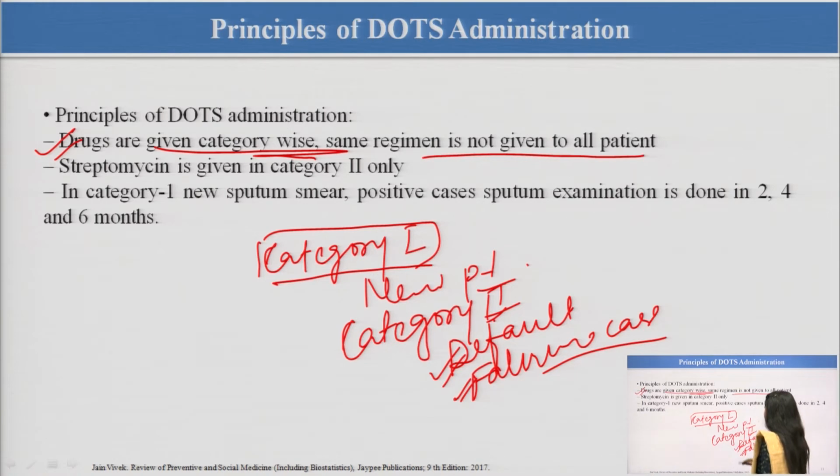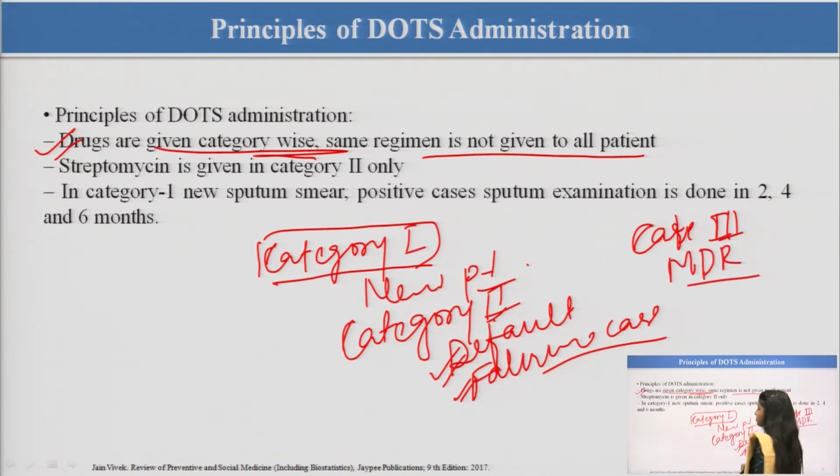After that there is the category 3 patient. Category 3 means there is MDR TB, multi-drug resistant TB. So, therapy is different for multi-drug resistant TB. There is also category 4. We will see there is one table which is showing these types of categories. So, category 4 is showing XDR, extensively drug-resistant TB.